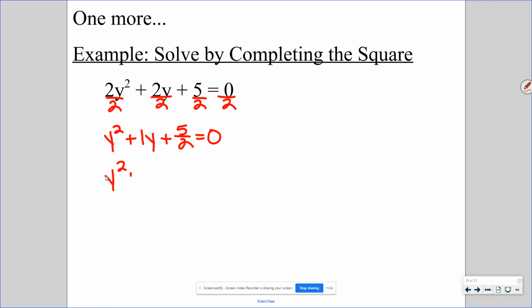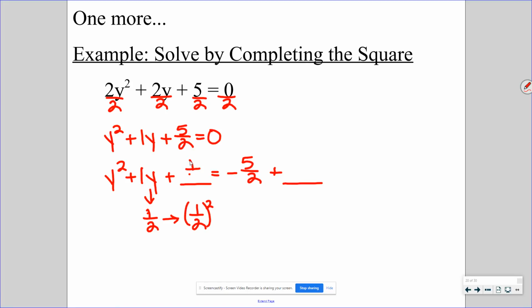Now I'm going to try to create a perfect square trinomial by using completing the square. So I'm going to subtract the 5 halves and move it to the other side. And I'm going to figure out what my middle term would need to be. So half of the middle term is half. And if you square that, you get a fourth. So I need to add 1/4 to both sides to make sure my equation remains balanced.